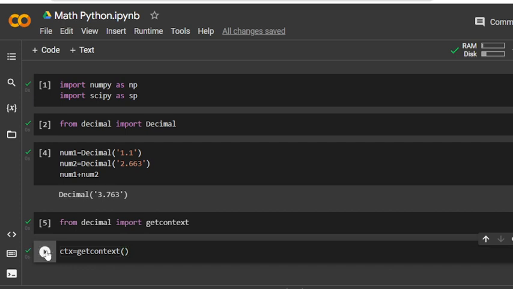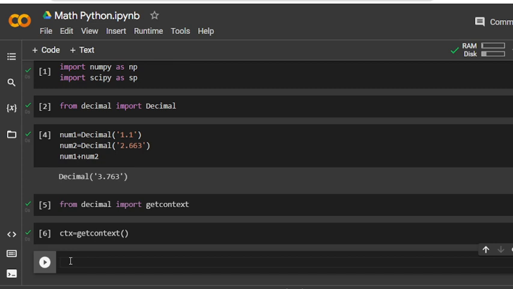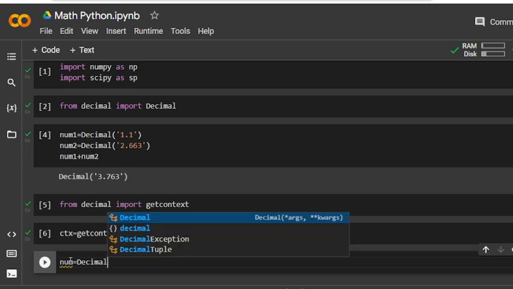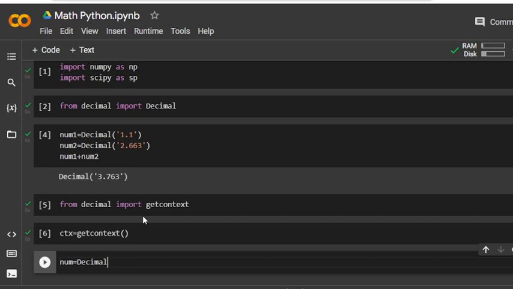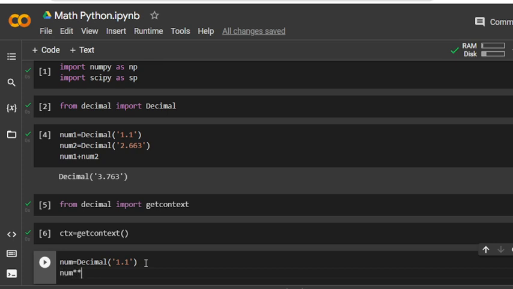So for the number of decimals, I write num equal to Decimal of 1.1, and now I raise num to the power of 4; three times or four times doesn't matter.